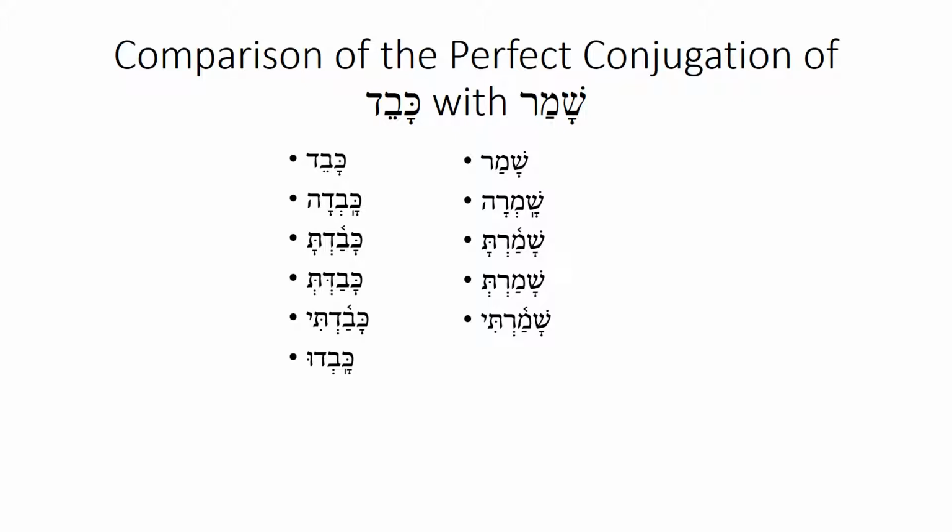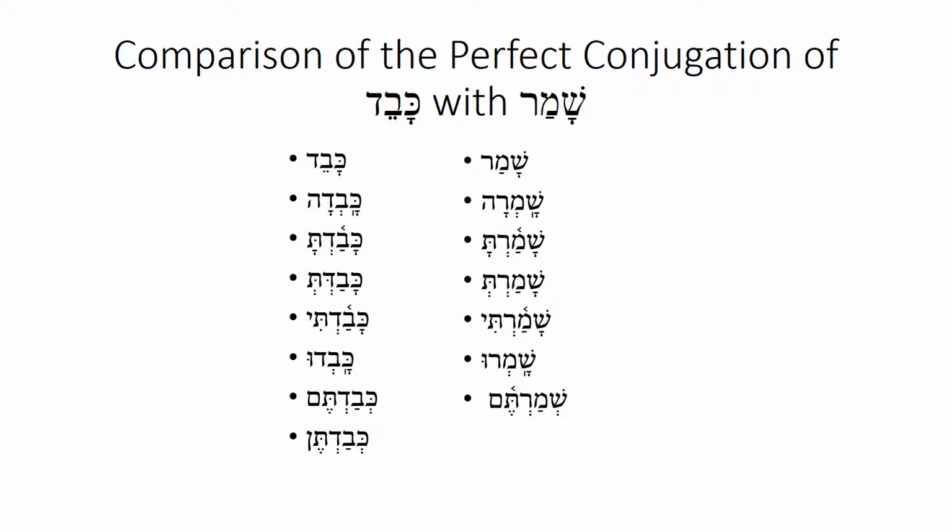We don't see it here, kavedu, but we do see it in kavadtem. We see the patha under the second root consonant. Compares very similarly with shamertem. Same thing for the second person feminine plural, kavadtem.